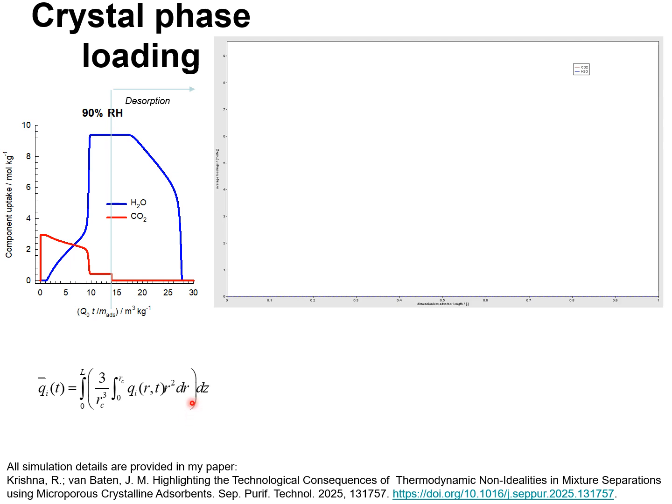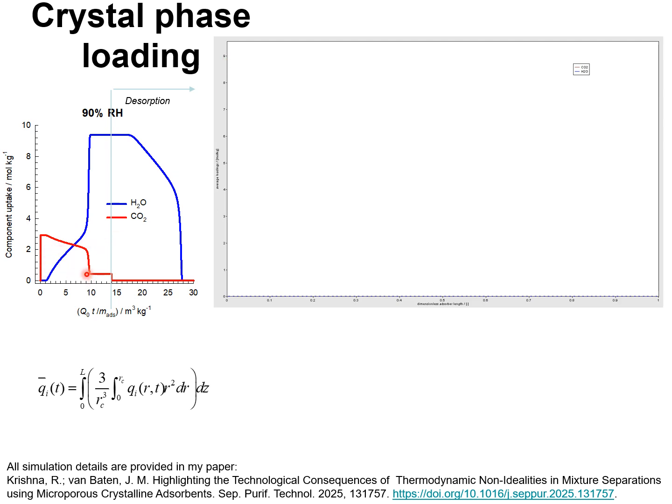So this is the average component loadings as a function of time, and I plot the average loadings as they develop along the length of the fixed bed adsorber. The y-axis represents the molar loadings. This is 0. This is a loading of 9 moles per kilogram.